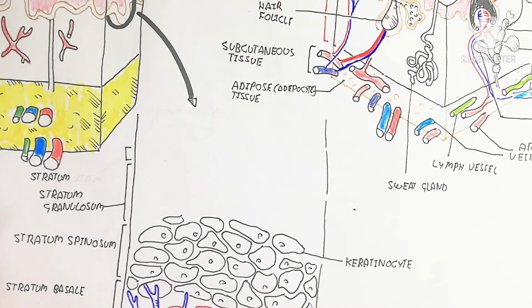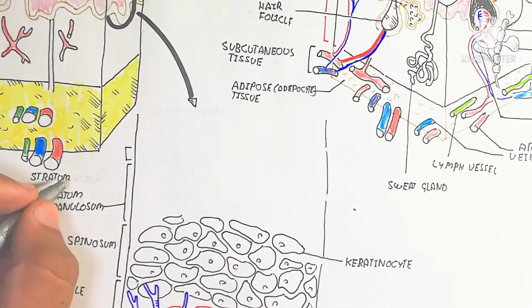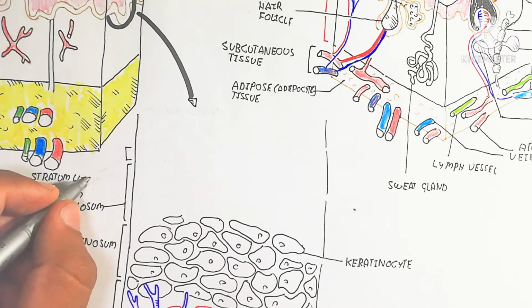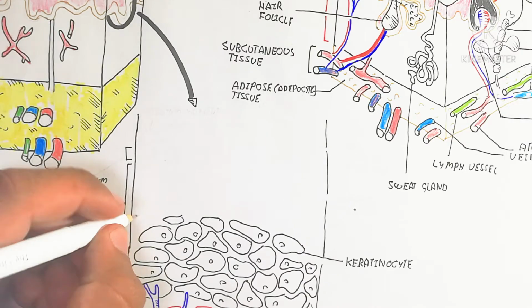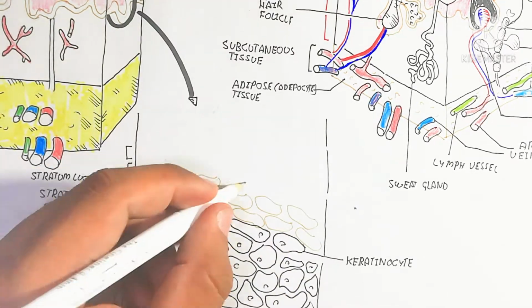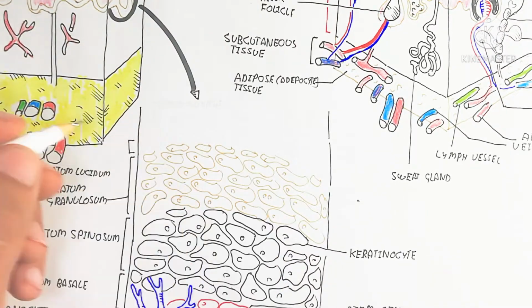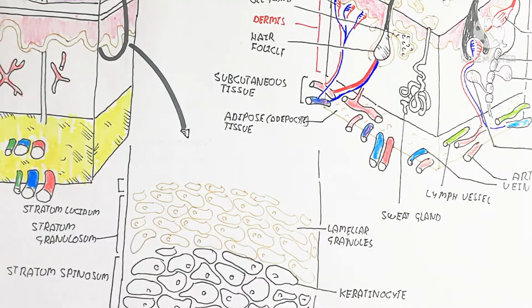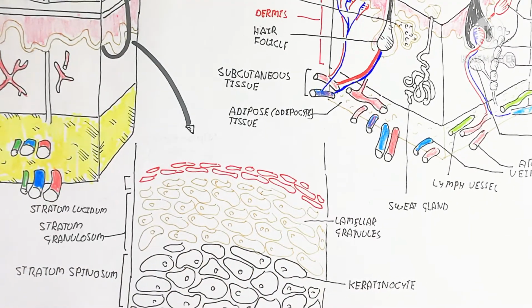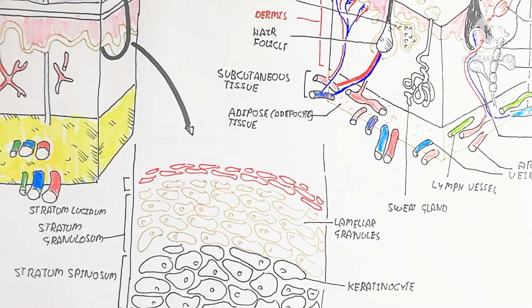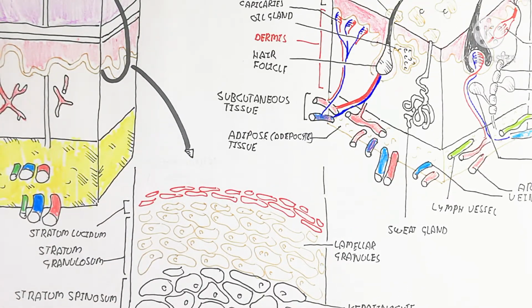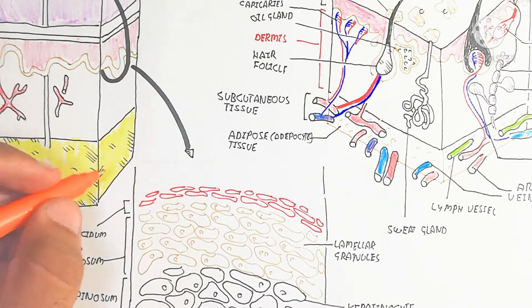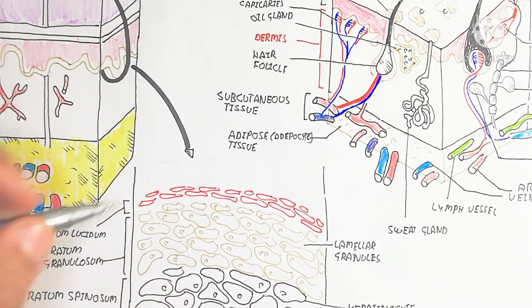These lamellar granules are present in the stratum granulosum, and the stratum lucidum is also present, which is a thin layer containing dead cells filled with keratin. So the dead cells filled with keratin are present, and this dead layer is continuously shedding.